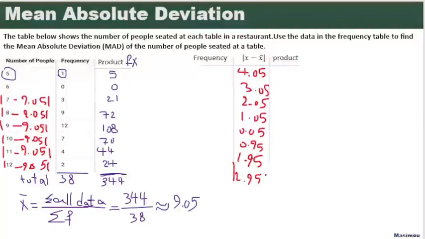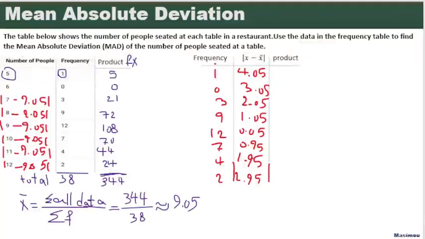Okay, now I put all the frequencies here, which are 1, 0, 3, 9, 12, and 7, 4, and 2. Again, here it's the absolute deviation.